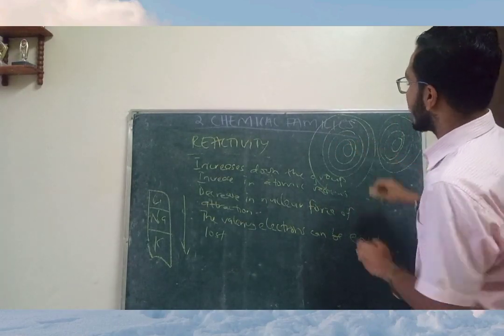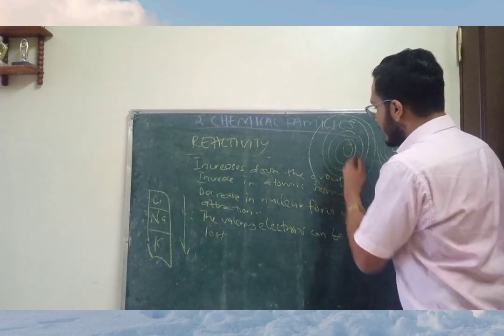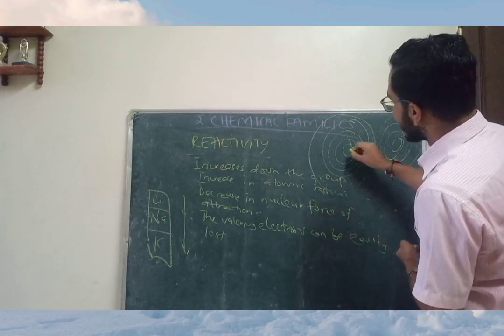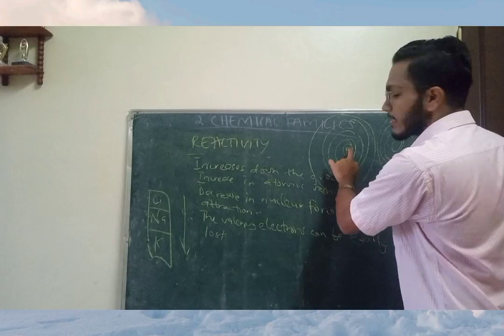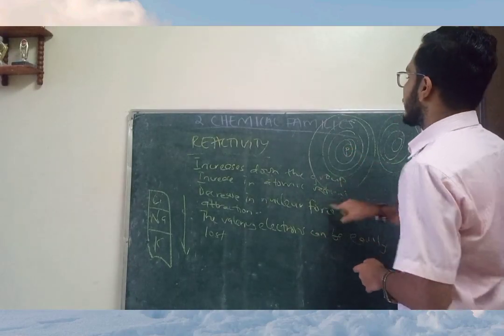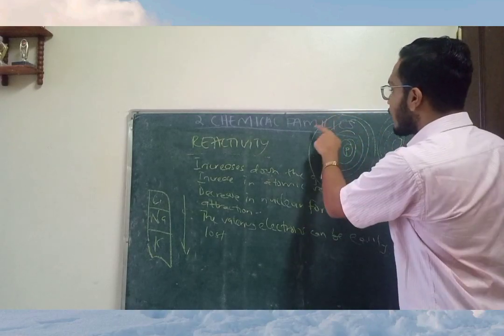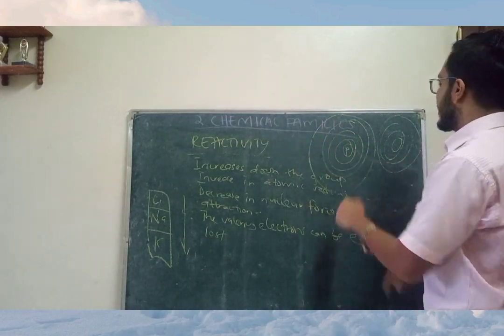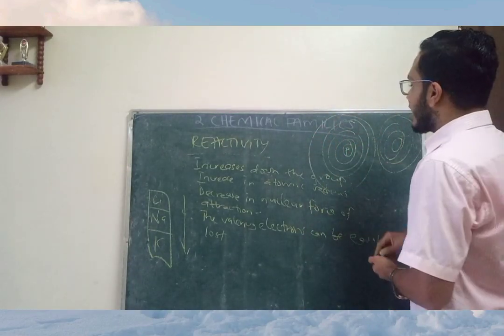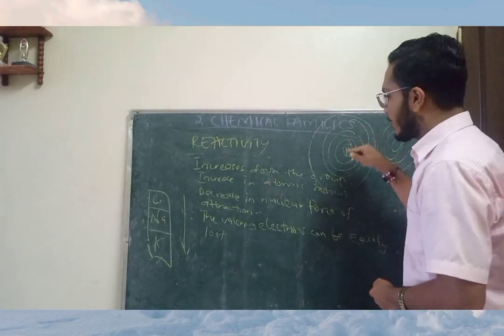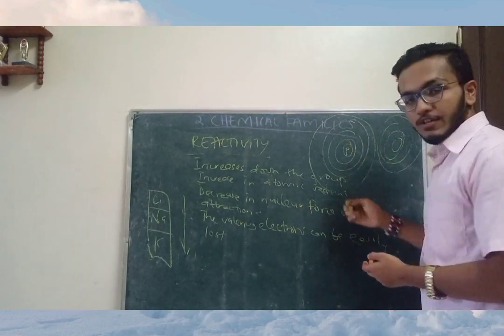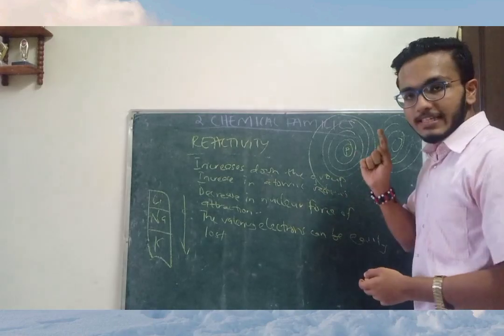And which one has a weaker nuclear force of attraction? Potassium, because the protons in this nucleus find it difficult to hold the electrons in the outermost energy level because they are far from the nucleus. The 4th energy level is farther from the nucleus than the 3rd energy level in sodium. Hence, the nuclear force of attraction of the protons to the electrons is weaker.